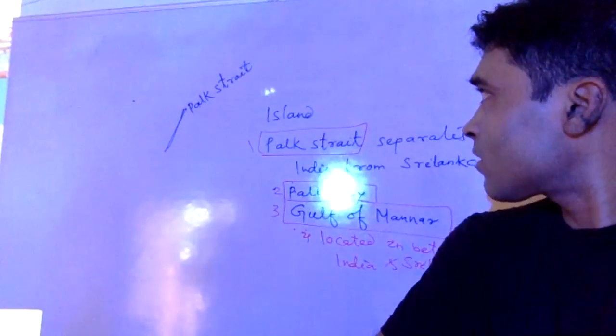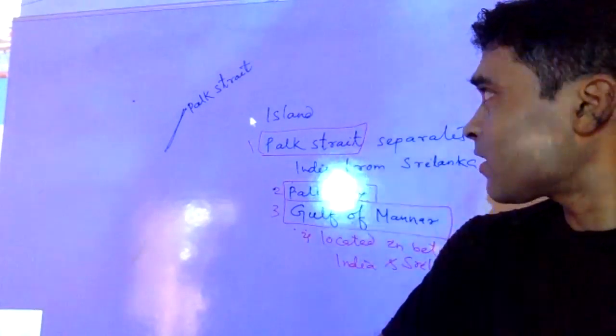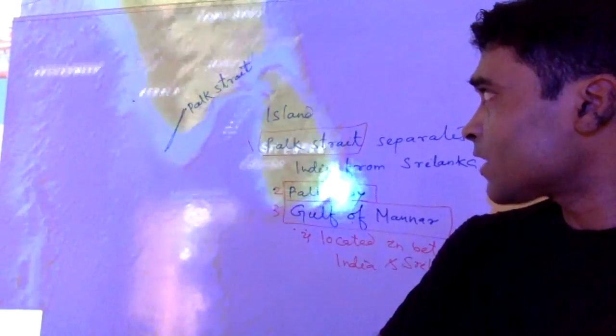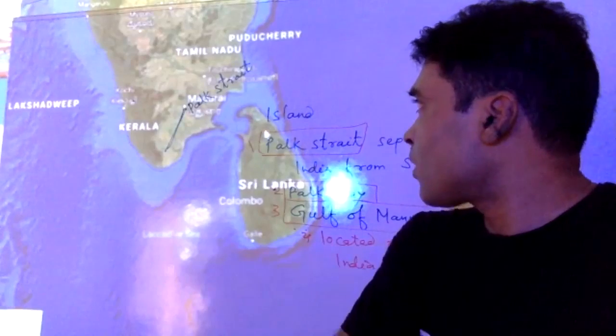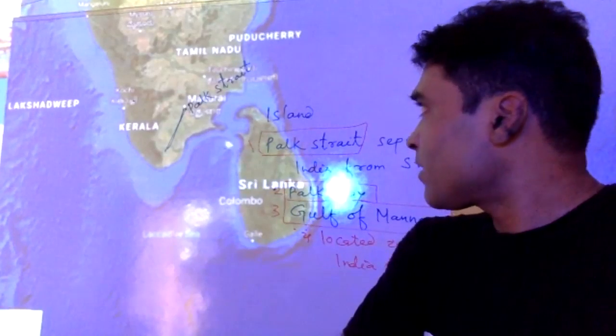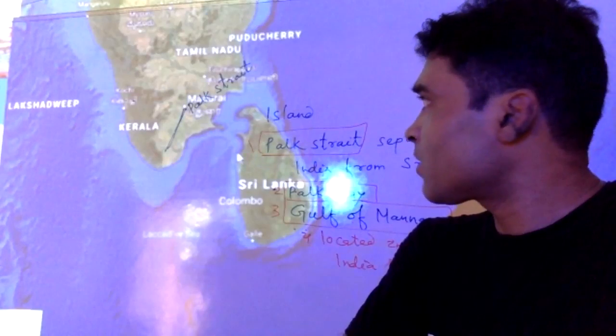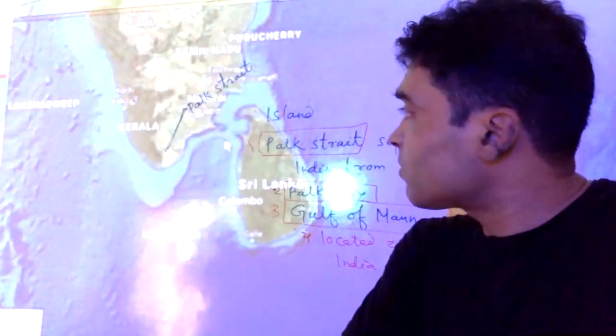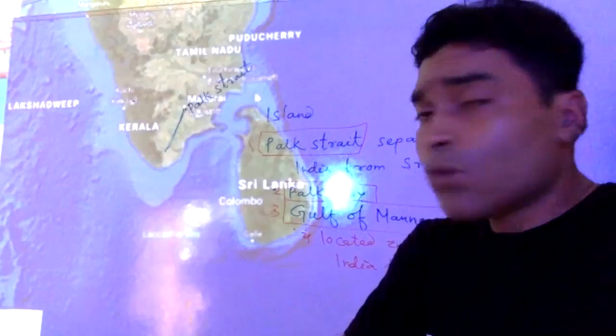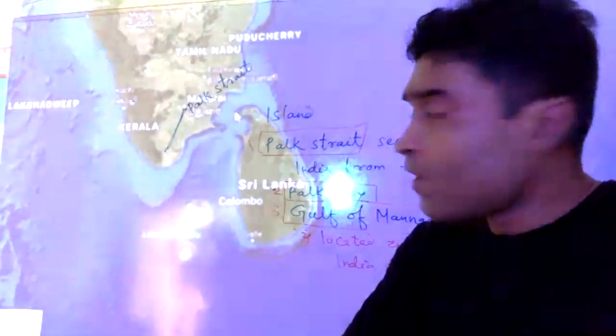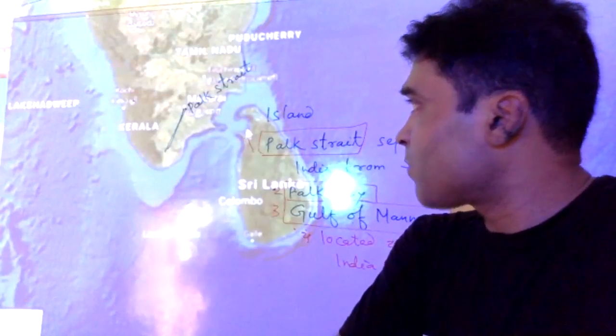Don't worry, this water body is known as Gulf of Mannar, right? So you can say Gulf of Mannar, Palk Strait, and Palk Bay. These three things are located in between India and Sri Lanka. This point is very important. The question may be asked, what are those water bodies located in between India and Sri Lanka? So this is the point you have to remember.